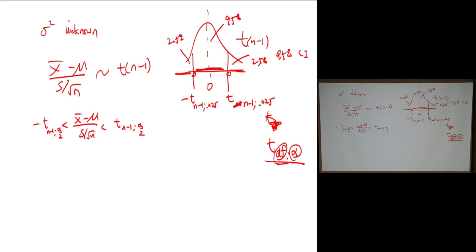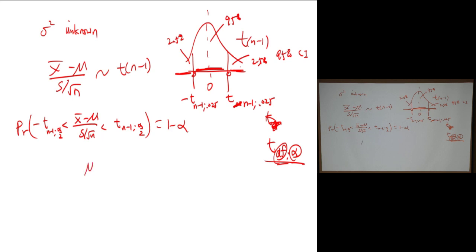If I reflect it to the negative side, less than minus t n minus 1, 0.025 is also 2.5%. So the probability that this is equal to 1 minus alpha. In the center will be 1 minus alpha, because you have two parts that are not yours, each is alpha over 2. Combined they are alpha, so the remaining one will be 1 minus alpha.